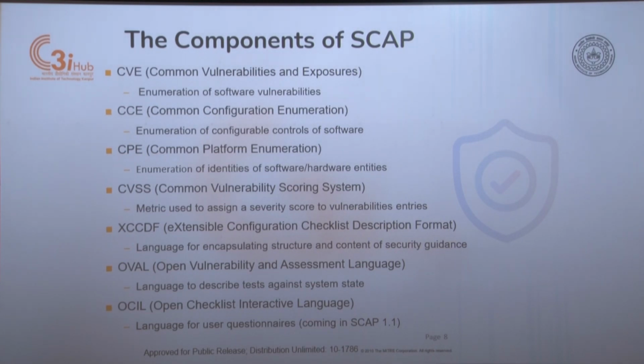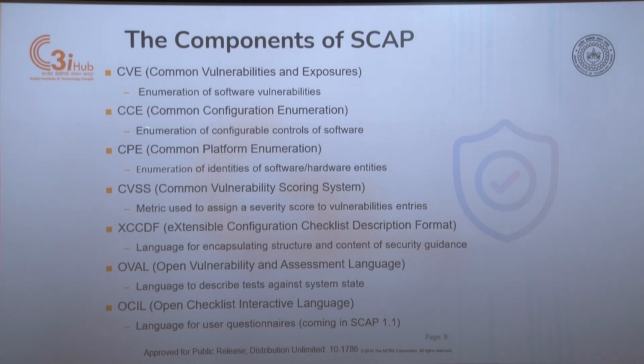You will know exact information like what is the severity of the vulnerability, what platforms on which this vulnerability has been found, and what is the configuration mistake, what is the configuration that might actually expose this vulnerability, and so on. So, CVE is a way of enumerating software vulnerabilities. Actually, it should not be software only, hardware vulnerabilities also are named with CVEs. So, it should be actually enumeration of vulnerabilities.